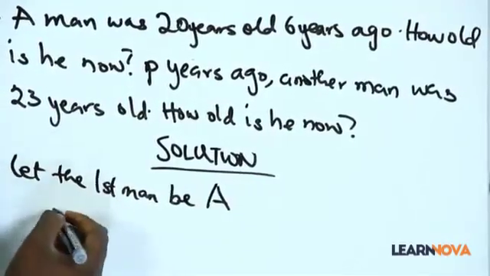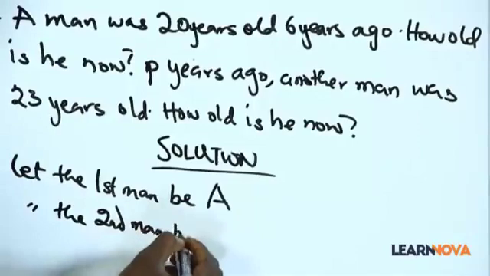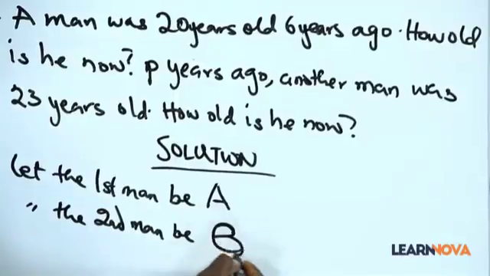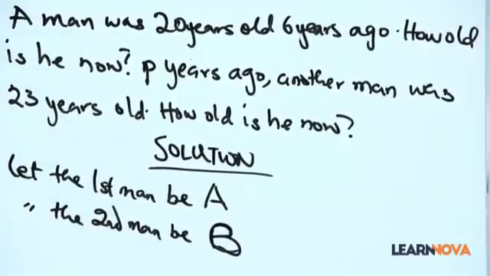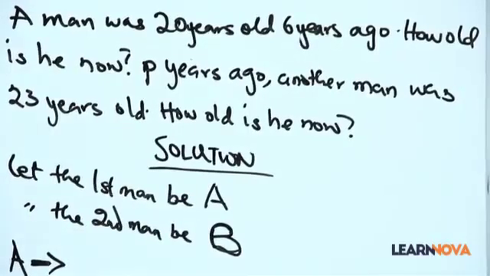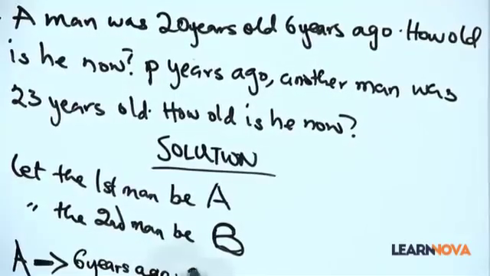And let the second man be, we can use C or B. Let's use B, because after A is B. So the question says, a man was 20 years old 6 years ago. So the man A, 6 years ago, he was 20.